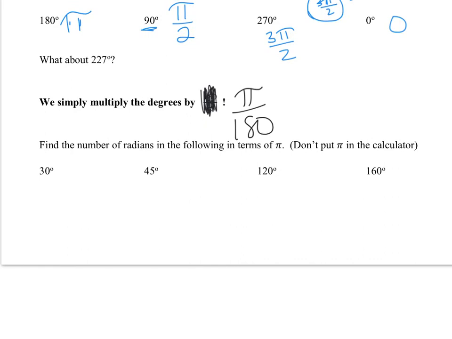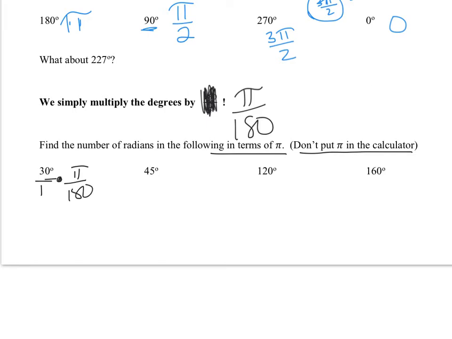There are two ways that we ask this question. We either ask for it in terms of pi, which simply means you don't put pi in your calculator when you're doing the math, and you just leave it. For example, it's 30 over 1 times pi over 180. We just do this math.